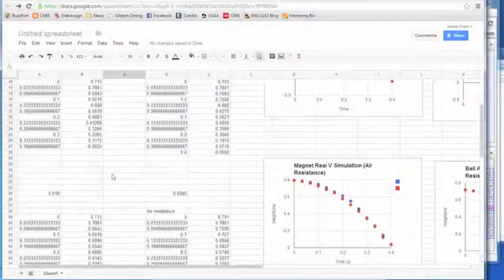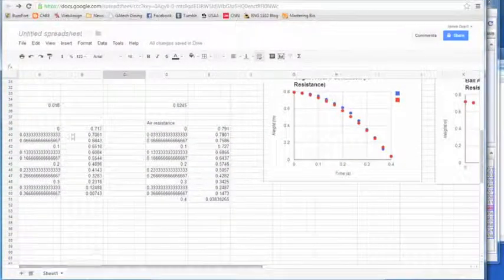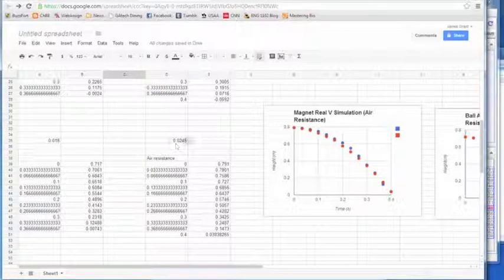I did that for the lacrosse ball, and that's this here. That's the updated model with 0.018 as my drag coefficient, and for the magnet, this is the data, with 0.0245 for the drag coefficient.